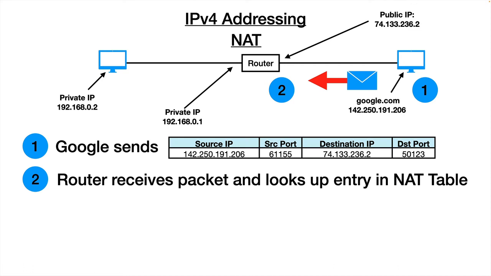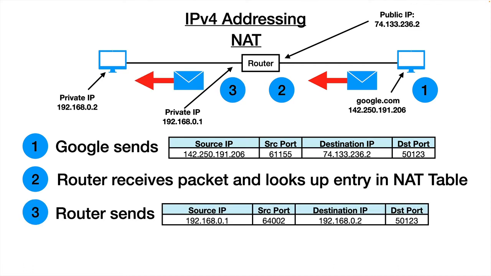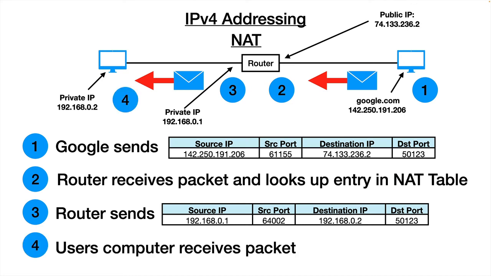It will look up the entry in the NAT table. The router will then send a packet saying, hey, I'm 0.1, I'm sending this to 0.2 on the destination port of 5123, which was the randomly generated port that the conversation started on. And then the user's computer is going to receive the packet.